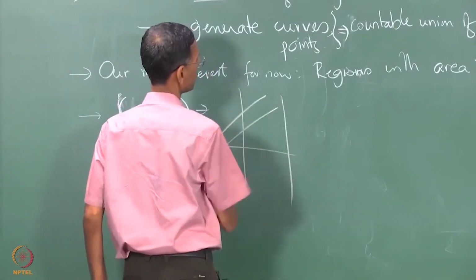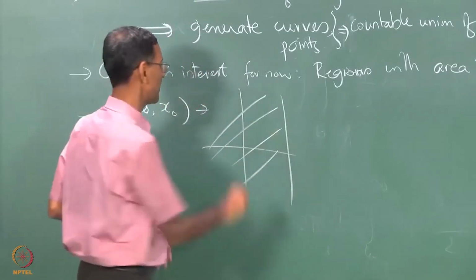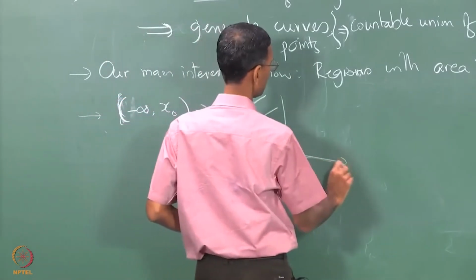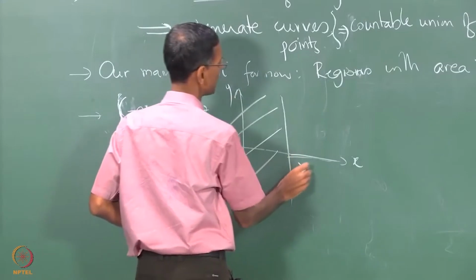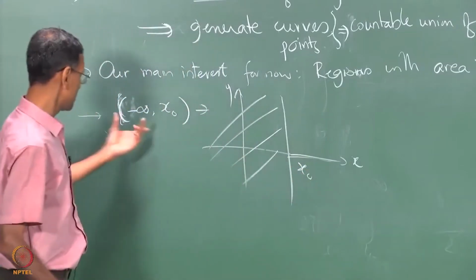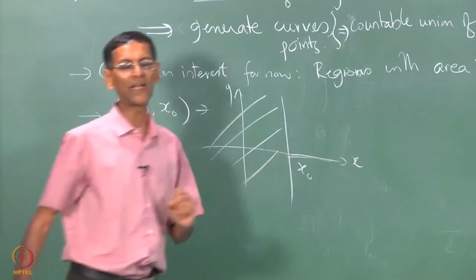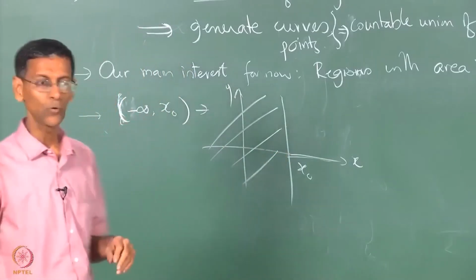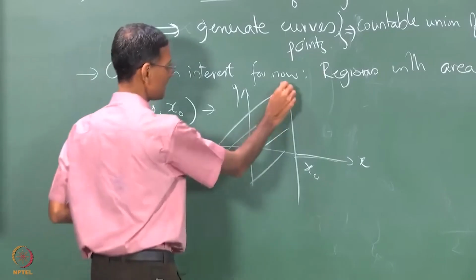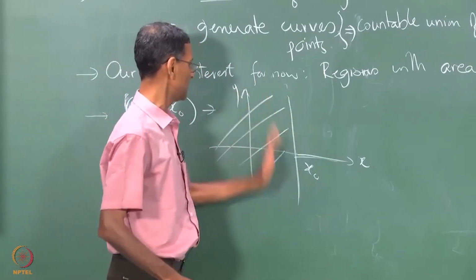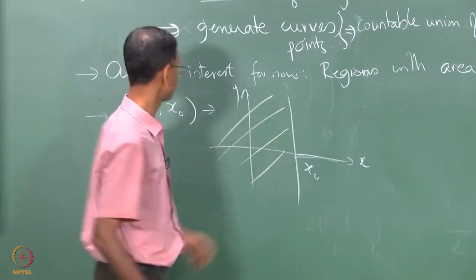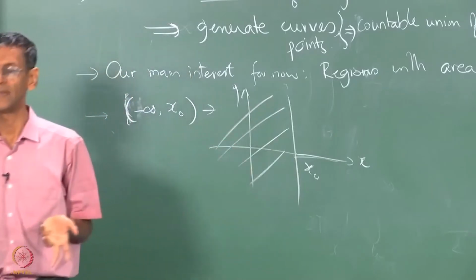I am not talking about any random variable right now, assuming I have the axes x and y and I pick some number x naught. This interval from minus infinity, by looking only at the variable x and not looking at variable y, generates a half plane, the portion of the plane that looks like this. That is also a valid region.